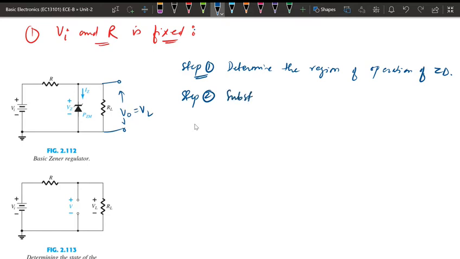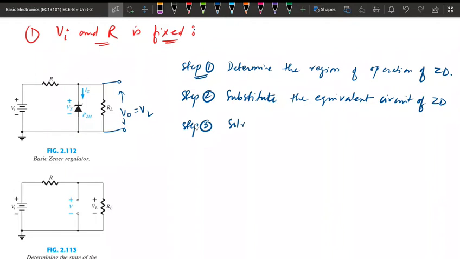We need to substitute the equivalent circuit of the Zener diode. Once we have substituted the equivalent circuit of the Zener diode, step 3 is to solve the network.